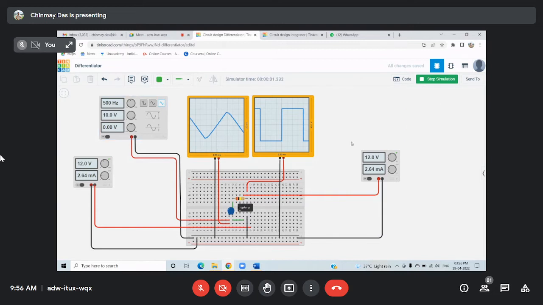Noted? Sir, what is the capacitance value? Sorry, 0.1 microfarad. At least someone write this in the group.